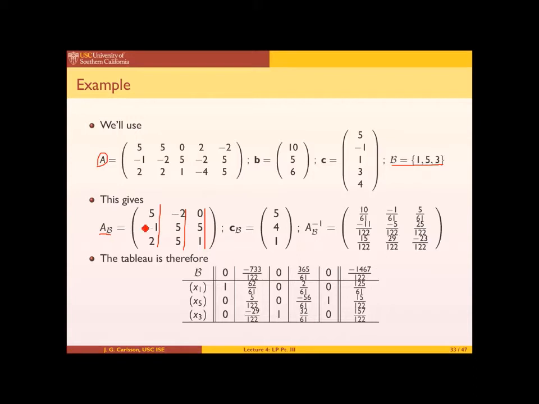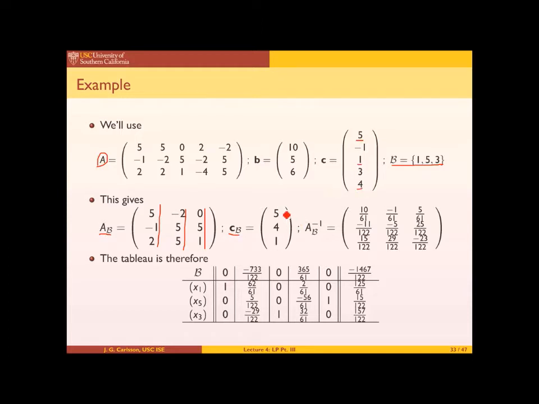It's a square matrix that you just get by extracting those columns that correspond to the basic variables. C sub B is the same thing, only instead of extracting columns, you just extract entries. So C sub B means you take the first, fifth, and third entries out of c, which are 5, 4, and 1, and that's what you see here, 5, 4, 1.